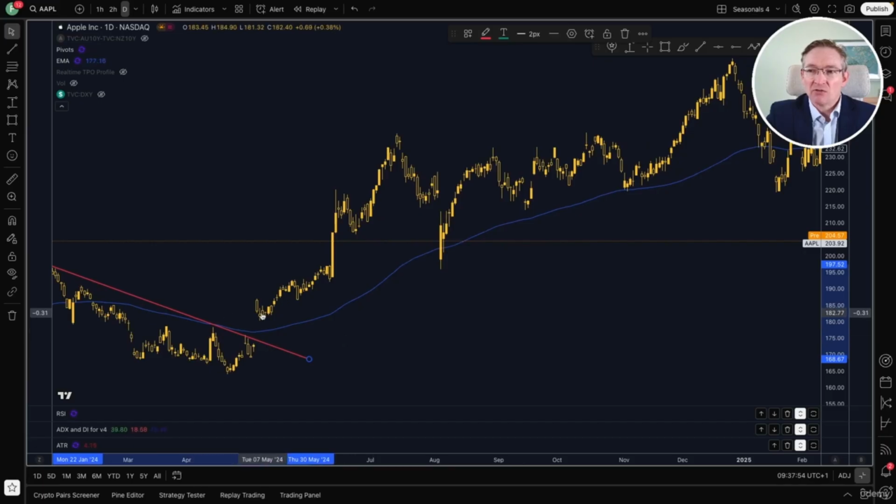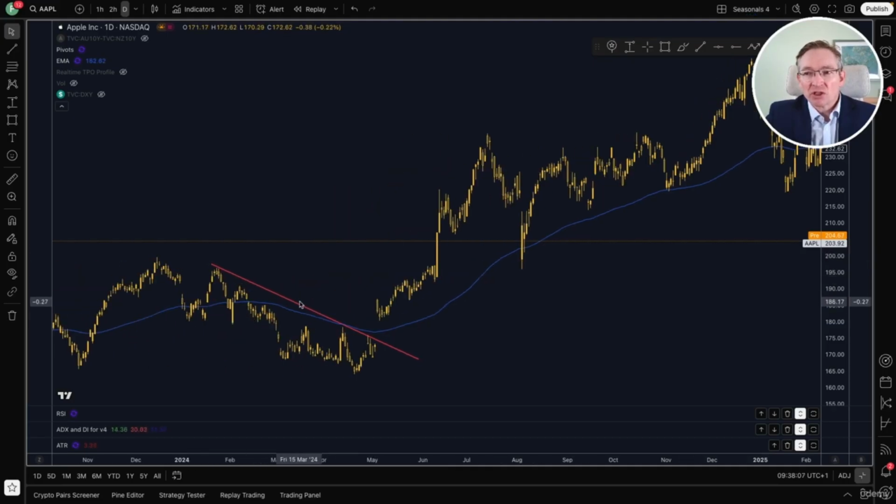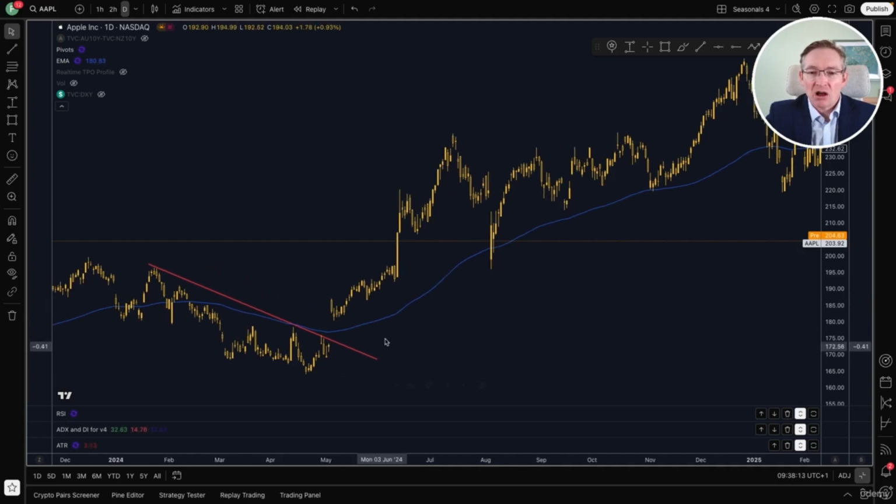And you see here, you've got this large gap here. Now, that's a breakaway gap. It's around 4% movement in price, so it's significant. And you're breaking out of a trend line. So that trend line break means that this has a high probability of being a breakaway gap.